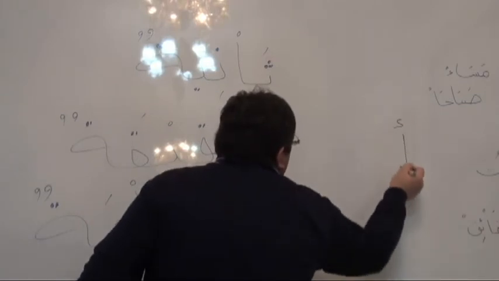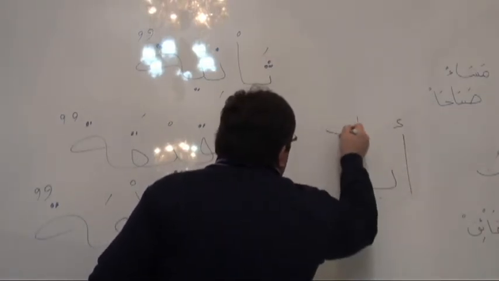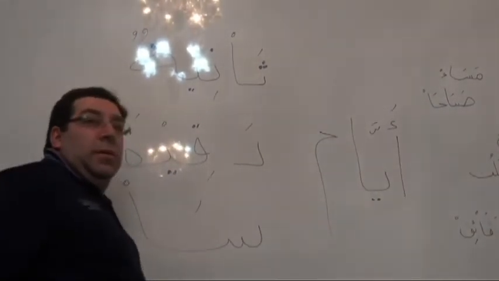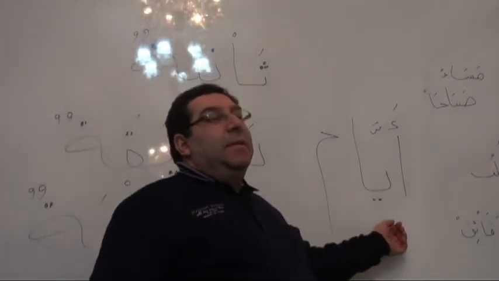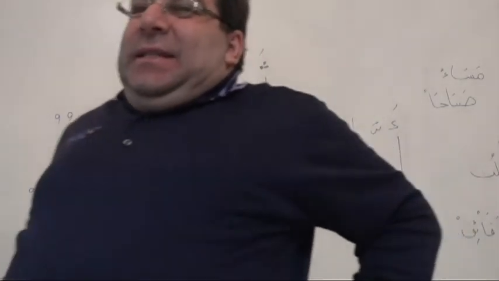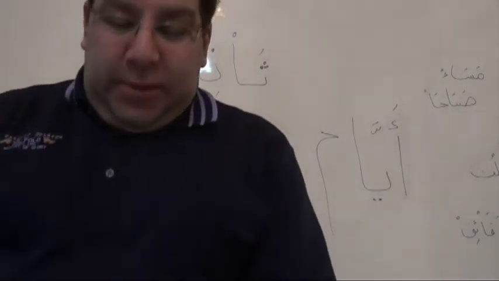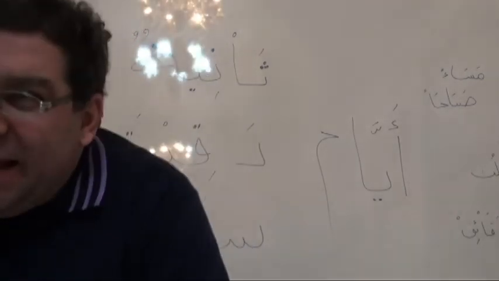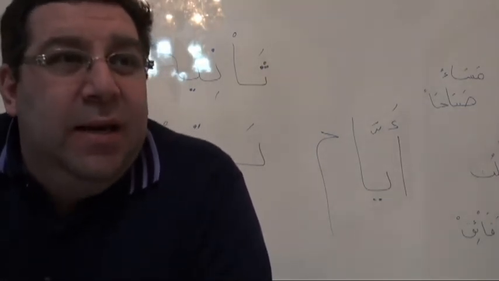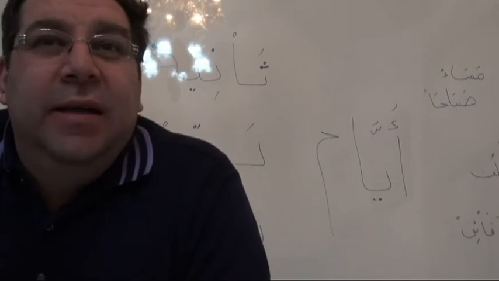And did we learn this word before? Ayyam. Ayyam is the plural of yawm. So it is days. So al-usbu'u 7 ayyamin means the week is 7 days.